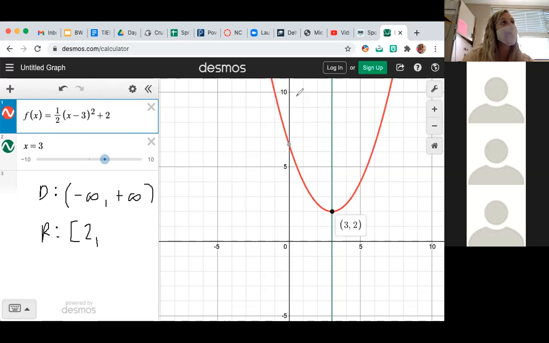So what should it open up to? Infinity, positive infinity, right? Because it's opening up. You don't have to put the plus sign. If you just put infinity, that means positive infinity. Good. I'm going to pause because some people look a little puzzled. Range is always bottom to top, smallest y to biggest y. So the smallest value on this graph that is a y value is 2, and it goes up.